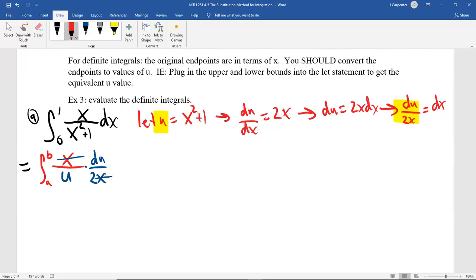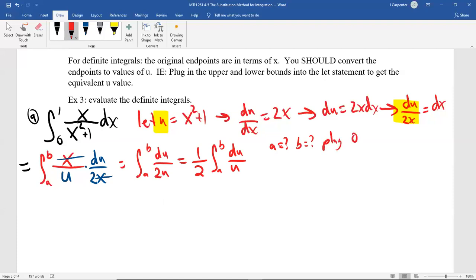Oh, you're stuck with the 2. Oh well. So equals the integral from a to b. Now there's a 2 and a u in the bottom and a du in the top, so you can do du over 2u. My personal opinion, I like to pull constant multipliers out of the integration. So this is a half times the integral from a to b of du over u. But what is a equal to? What is b equal to?